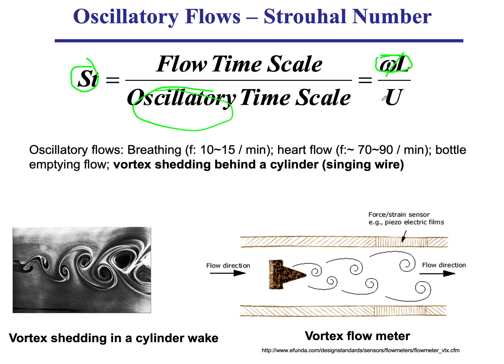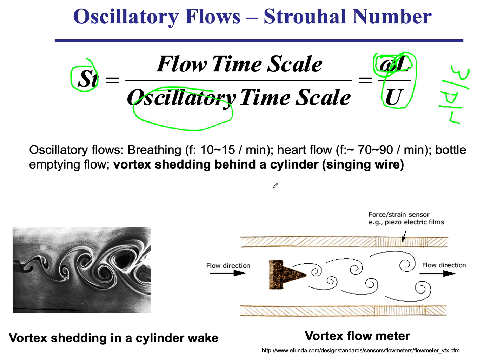So U over L is the flow time scale, while the oscillatory time scale is omega, the frequency. So it has units of 1 over time. Or you can think of it as an oscillatory frequency divided by a flow frequency, which you get from dividing the velocity scale over the length scale.